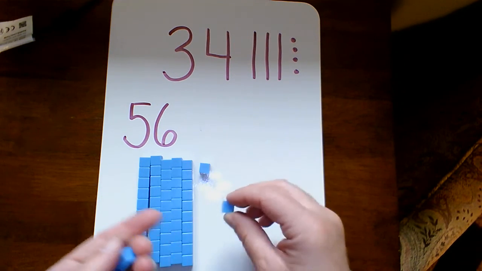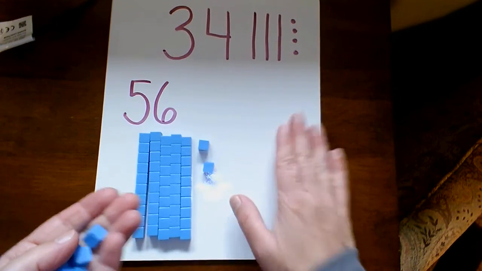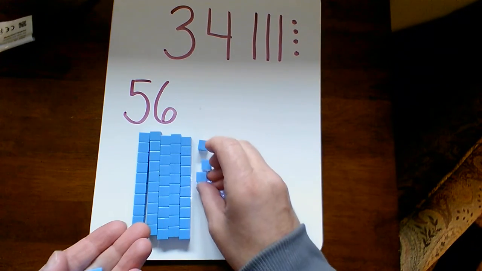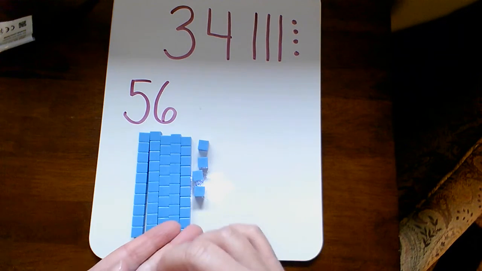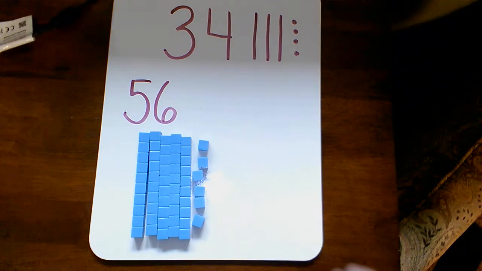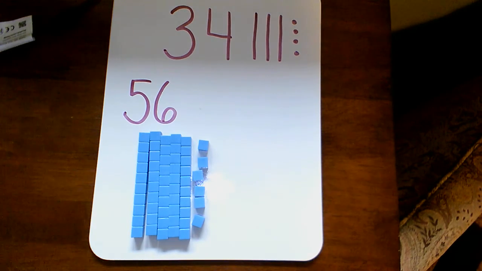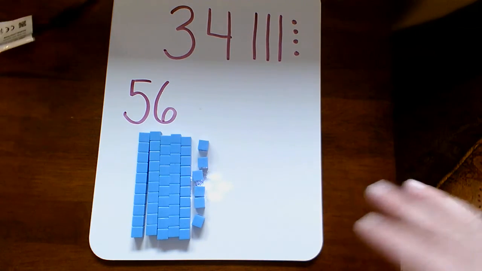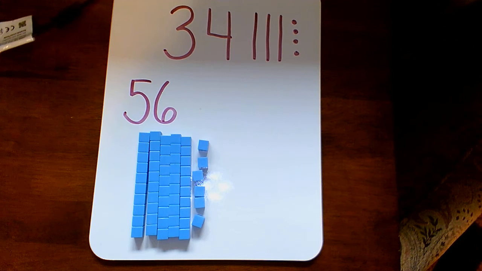51, 52, 53, 54, 55, 56. Did that match what you did? Okay, did you already practice drawing it, or do you need to draw a picture of that now? If you need to draw that now, go ahead and do it.